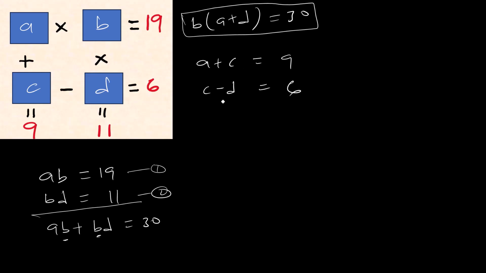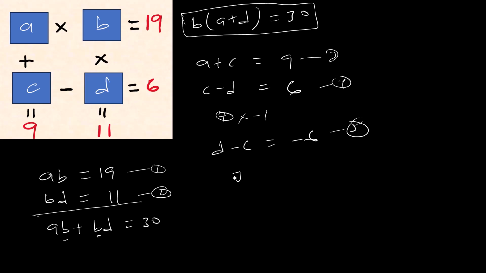So let's call this one the third equation, then the fourth equation. Let's adjust equation 4 and add. So we can multiply equation 4 by -1. So we have D minus C equals -6. So this one will be the fifth equation.